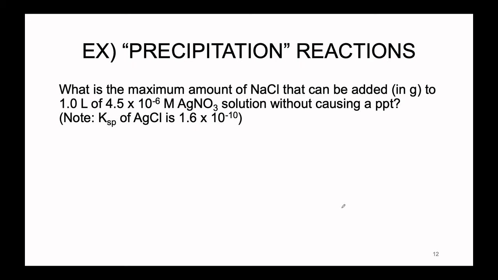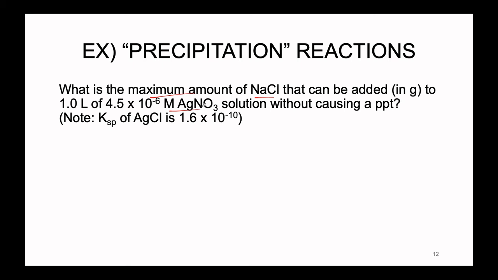So for example here, we're looking at what is the maximum amount of sodium chloride that can be added, specifically in grams, to 1 liter of a 4.5 times 10 to the negative 6 molar silver nitrate solution. And specifically, we're looking to add just enough sodium chloride such that we do not cause a precipitate.